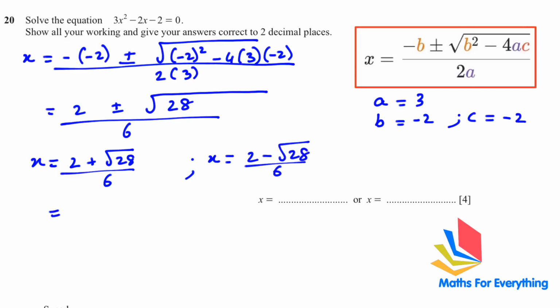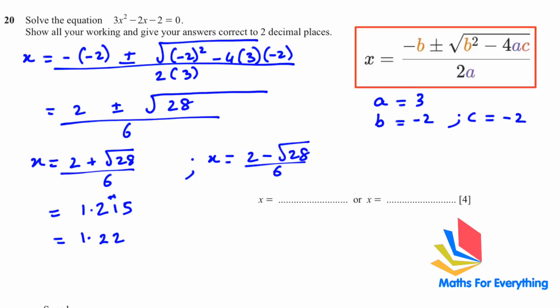Put it in the calculator, you will get 1.215. We want the answer correct to 2 decimal places. So 2 decimal places at 1. The number after that is 5. If you have 5 or more, you add 1 to the previous number. So we have 1.22.